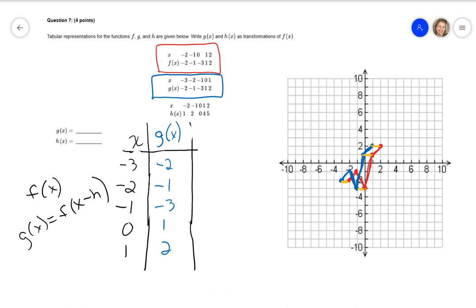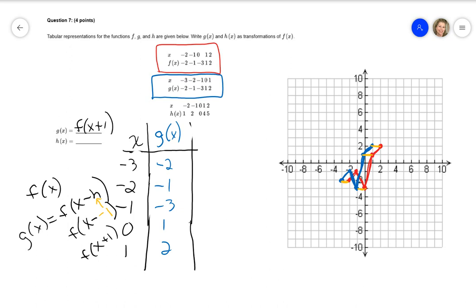So my h is actually -1. So what I have is f of x minus a -1, which gives me f of x plus 1. So that's my answer right here, f of x plus 1. That's the transformation.